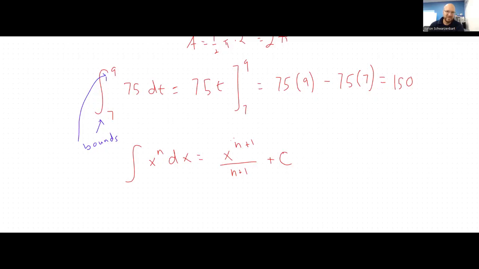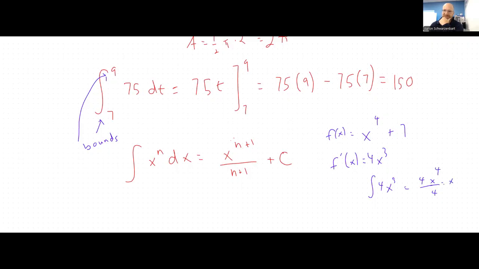Plus c means a constant. So if I'm taking a derivative, let's say it's x to the fourth plus 7, call that f of x. Its derivative is 4x cubed plus 0. If I'm going backwards, I add 1 to the exponent and divide by the new exponent, which gives x to the fourth.